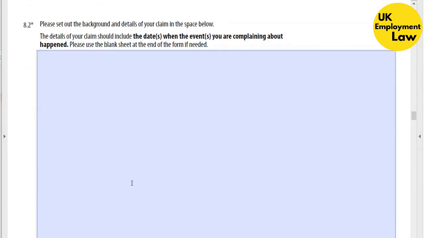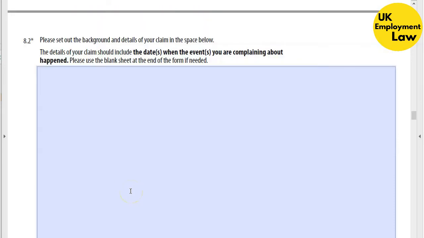This is also marked with an asterisk. What it means is that these are the compulsory sections that you must fill in for your claim to be valid. What you can do is, if for example you've got more detail in 8.2, you can state see the attached file, and that will do.